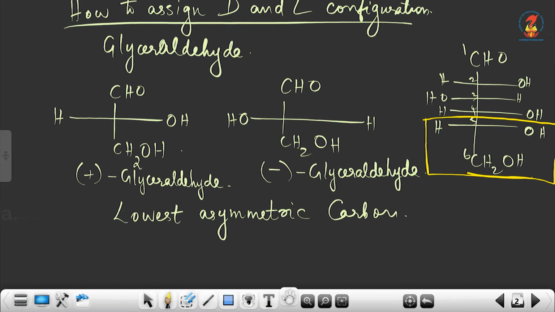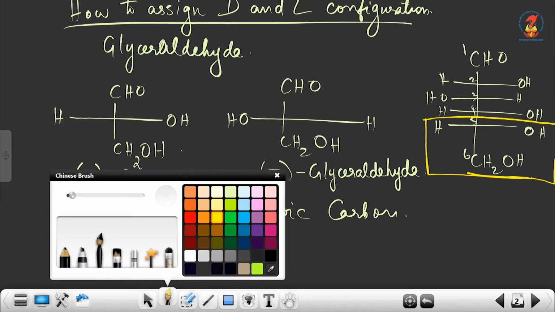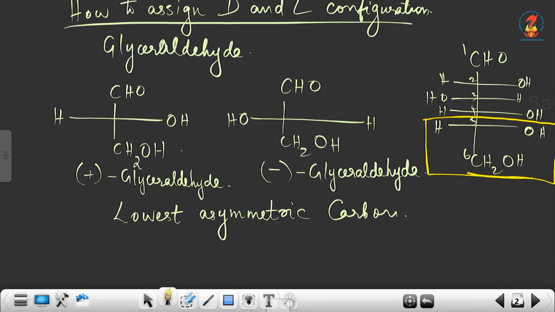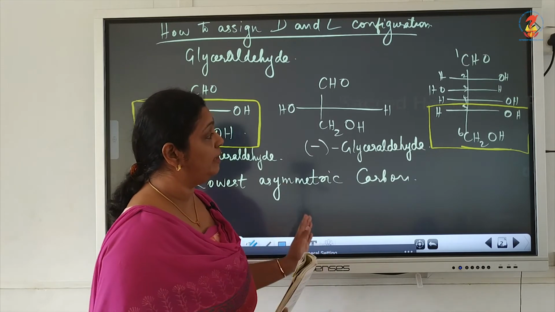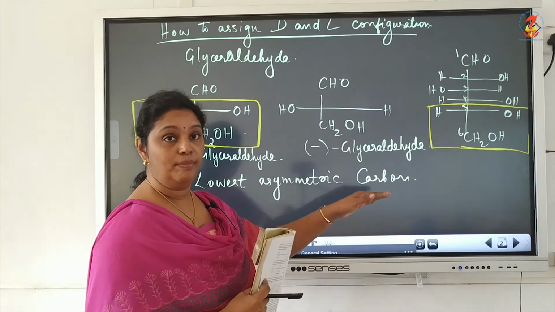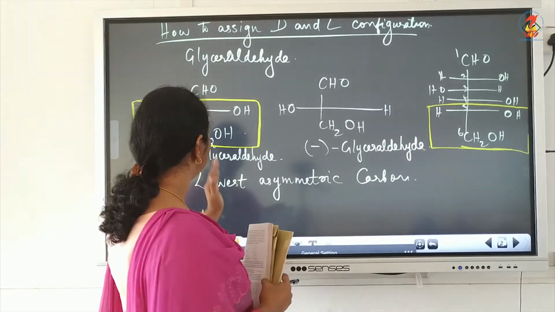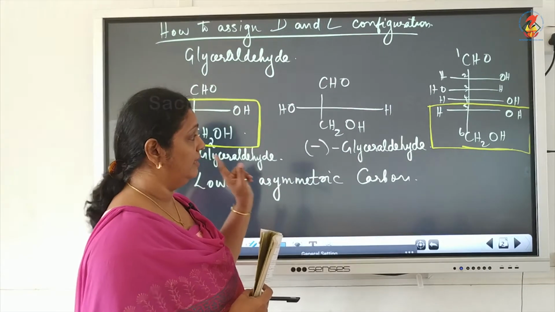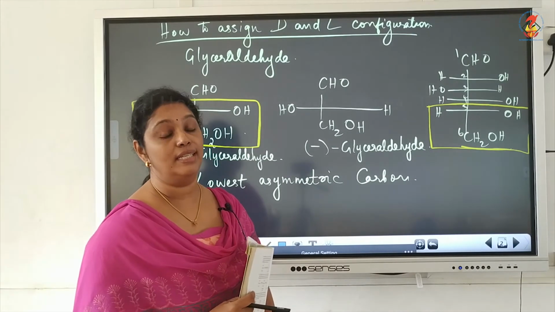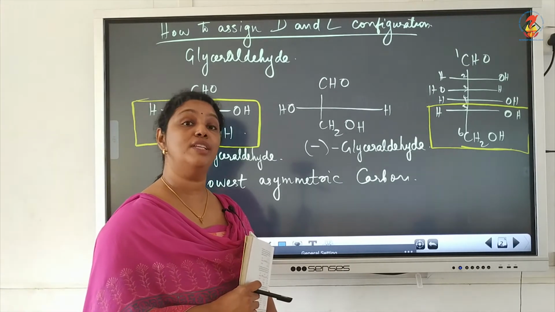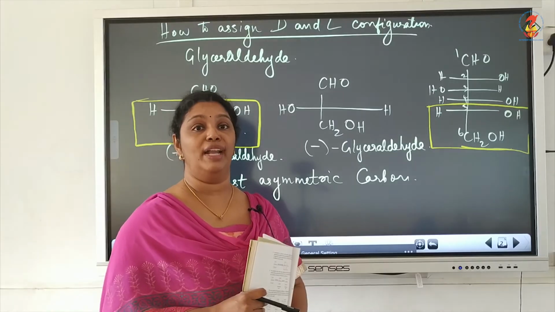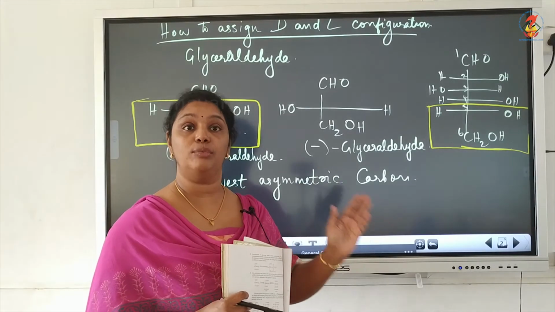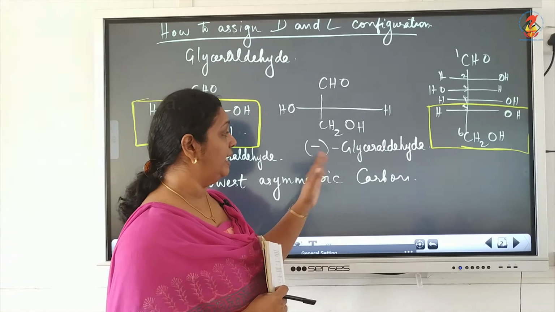Now you can see that this portion, H OH, is comparable with plus glyceraldehyde. So the lowest asymmetric carbon atom of glucose can be compared with the structure of plus glyceraldehyde, so glucose is given capital D configuration. Always, to compare the structure, we take the lowest asymmetric carbon atom of the monosaccharide and compare it with the structure of plus and minus glyceraldehyde.